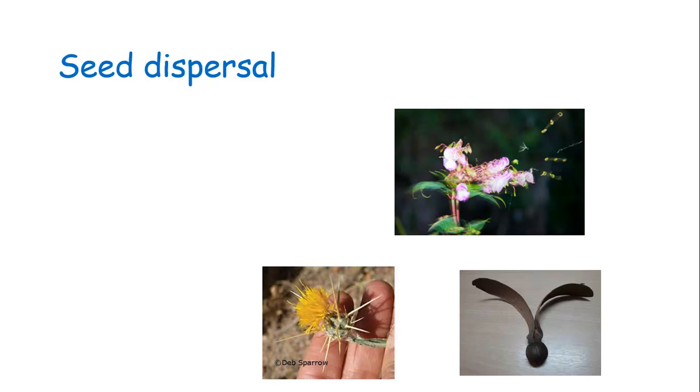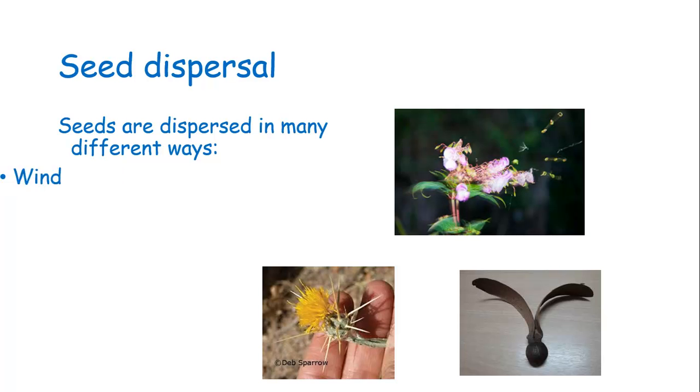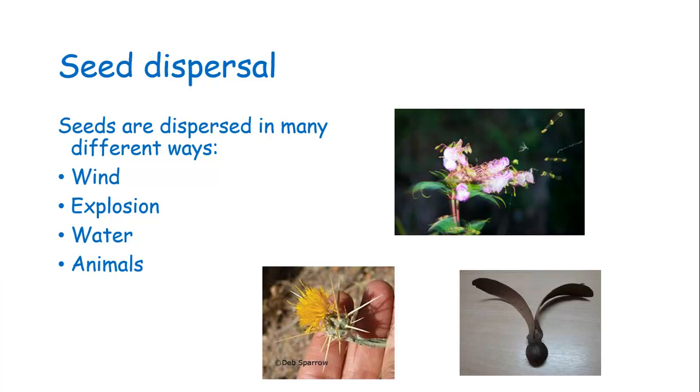Okay, we're going to talk about seed dispersal. Many different ways that seeds can be spread out. These include the wind, explosion. You can see the picture on the top is seed explosion. And also water. Animals will eat seeds and poop them out in different locations.